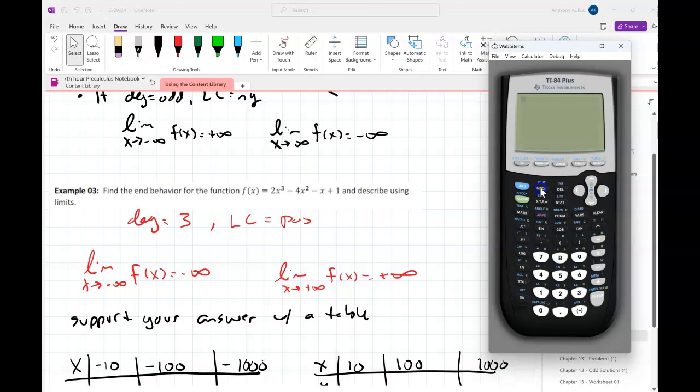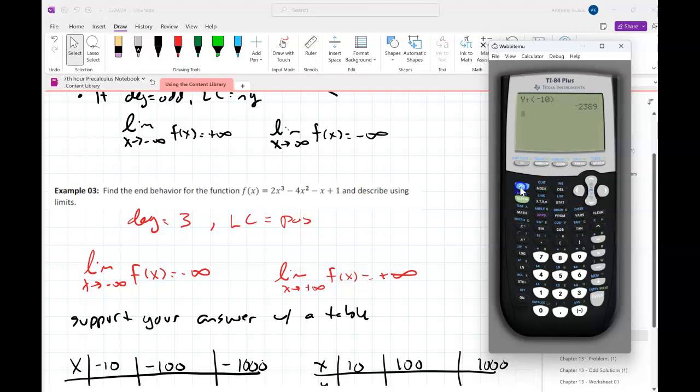So how do I get to that y1 again? I press vars. I go to yvars. I pick function, and I pick y1. And then I'm going to use -10 and plug into y1.